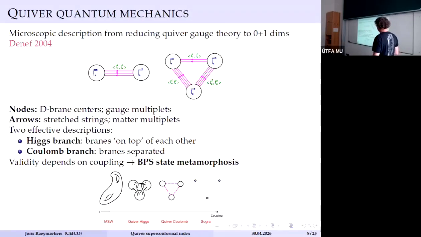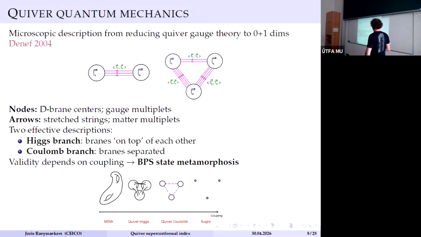I will only look at the abelian theory where each node is just a single brane. Then there are also excitations from strings stretching between the branes, which appear as some matter multiplets, and the number of them is indicated by these arrows, which are given again by this charge inner products.